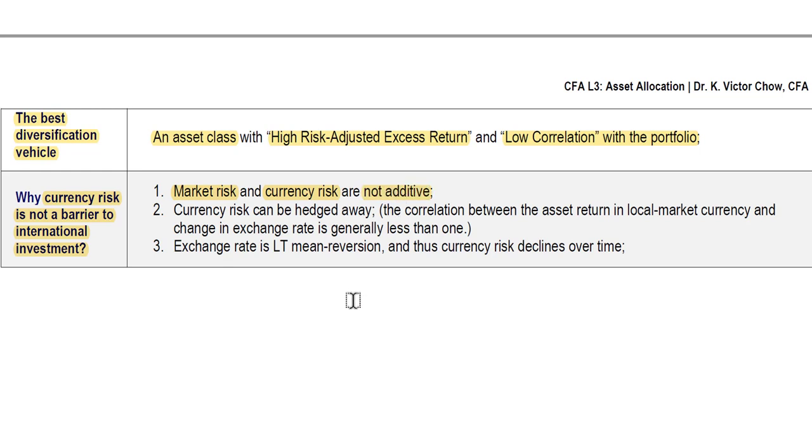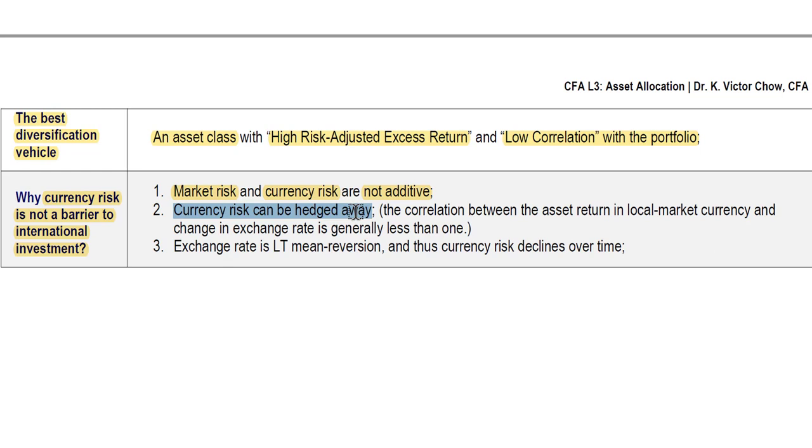So this is one justification about why we don't need to consider the currency risk for international investment. The other argument or justification is that currency risk can be hedged away.